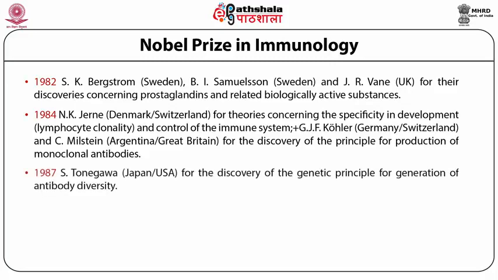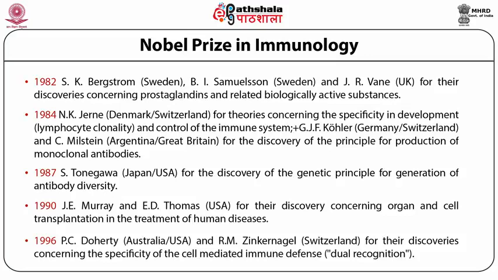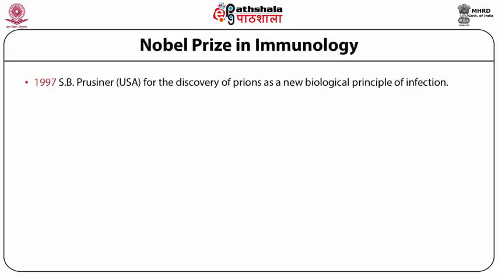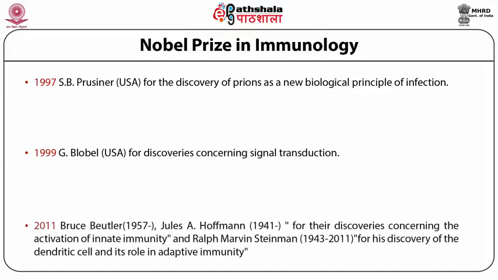Susumu Tonegawa, Murray and Thomas, Doherty and Zinkernagel, S. B. Prusiner, Gunter Blobel for their discovery concerning signal hypothesis, and Bruce Beutler, Jules Hoffmann, and Ralph Steinman for their discovery of the dendritic cell and its role in adaptive immunity.